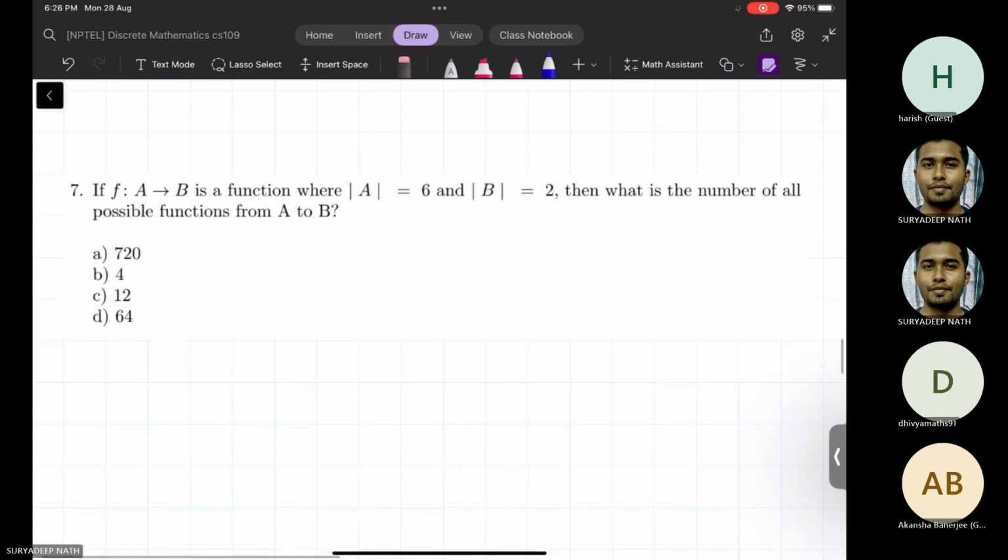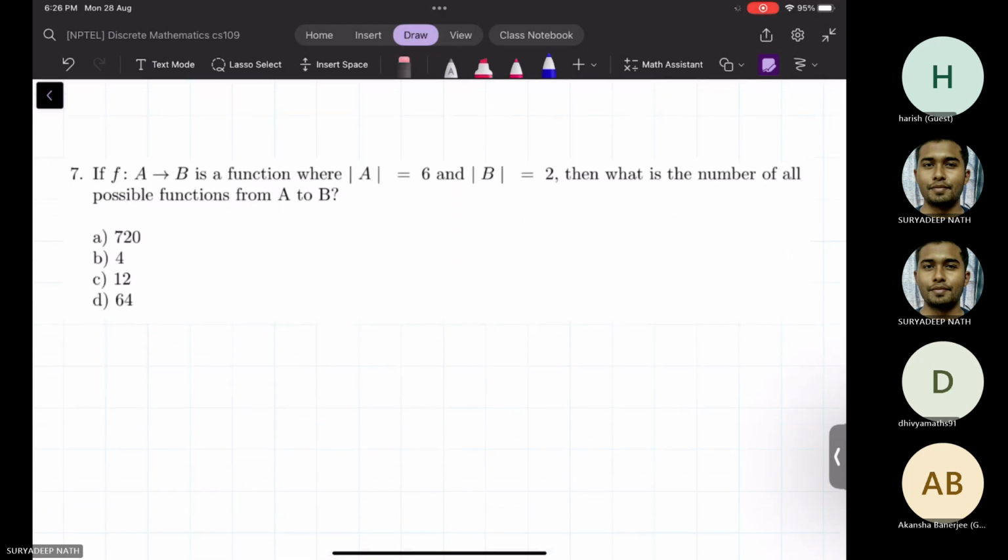Again, you have a function f defined from A to B, where the set A has 6 elements and set B has 2 elements. What is the number of all possible functions from A to B? So let me draw it here.